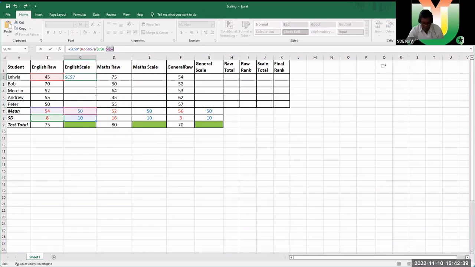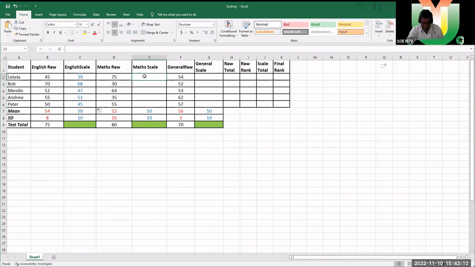Hopefully now the formula will execute for all other students. So you can pull down now and you can see all the scores. The scale scores are these two columns, while the raw scores are put on this side. These blue ones are the scale scores.